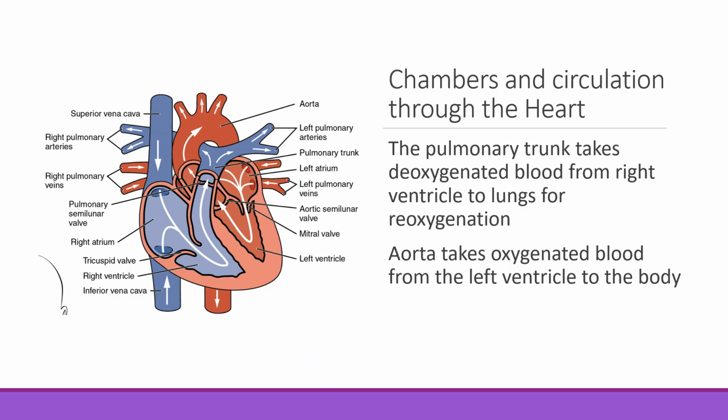There's little white arrows there, and the coronary sinus that you can't see on this picture. I have another picture of it coming up. It's going to go from the right atrium down to the right ventricle, and then it's going to head up into the pulmonary trunk. And let's look at the other side, the red side. The aorta is going to carry the oxygenated blood that came in from the right atrium into the left atrium, into the left ventricle, into the aorta.